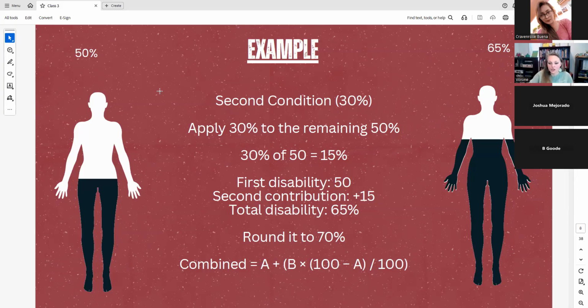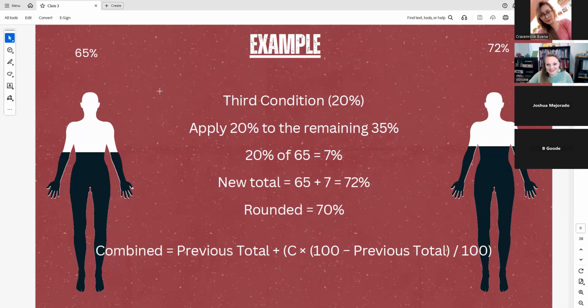Okay, now let's look at the third condition. You're coming back for a third condition. The VA says you are 65% disabled. So you apply the 20% to the remaining 35%.